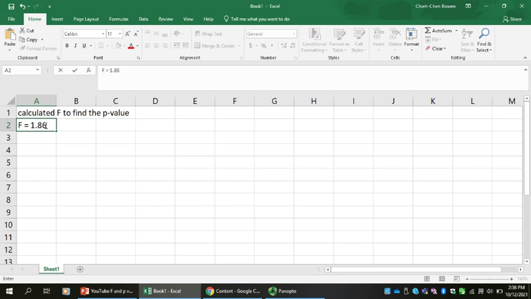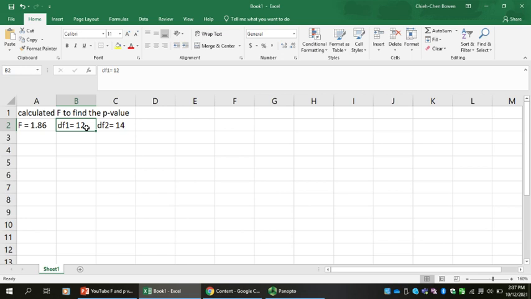and in this calculation we have degree of freedom 1 equal 12, and we have degree of freedom 2 equal 14. So what it means is you have two different variances, and they are from two different groups.